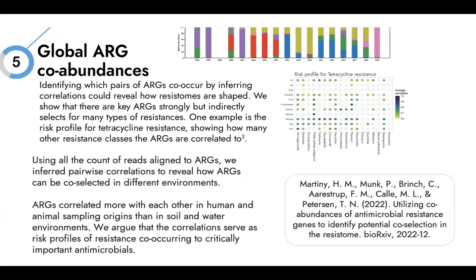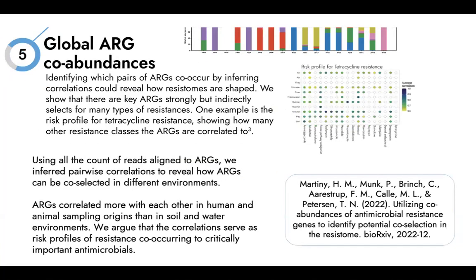In the fifth part of my poster here, I wanted to show how we can do more global characterization of antimicrobial resistance genes instead of just looking at a subset of genes. So with this study, we wanted to infer how resistance genes are co-abundant with each other, or how they co-occur with each other, independent of which microbe they sit in. So we show that there are several resistance genes that are strongly, indirectly selected for each other.